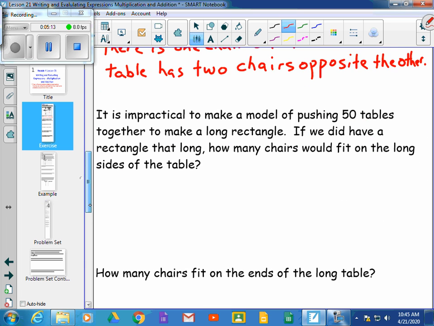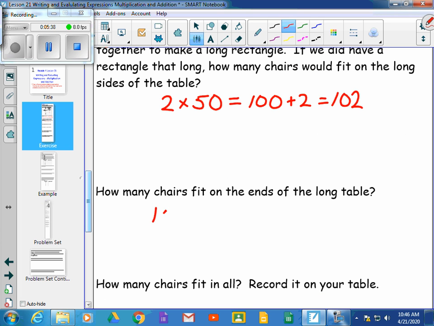So if we think about it this way, 2 people on opposite sides of 50 tables equals 100 people on the sides, and then you have 1 on each end, so you add 2. That tells us we would have 102 people on that long table.